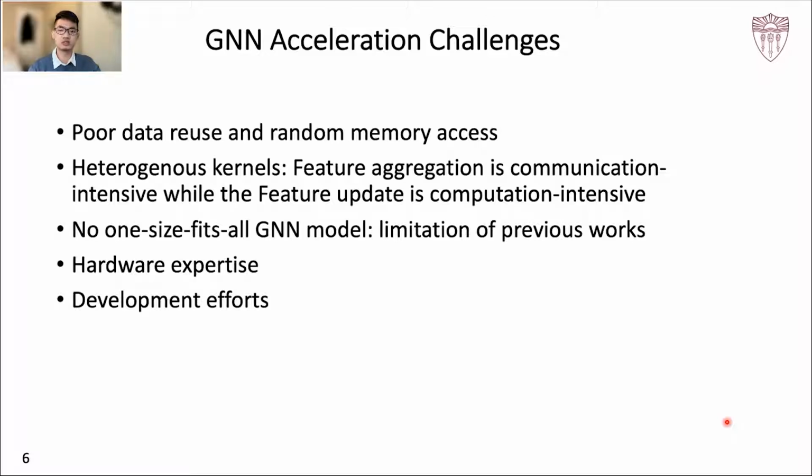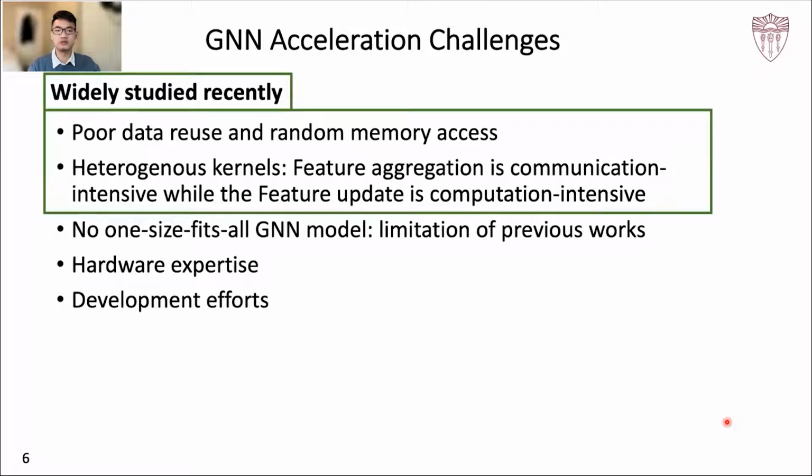There are two major steps. The first is feature aggregation, which is usually very communication intensive. On the other hand, feature update is usually computation intensive. So in order to achieve good performance, we need to deal with these two very different characteristics of GNN computation.